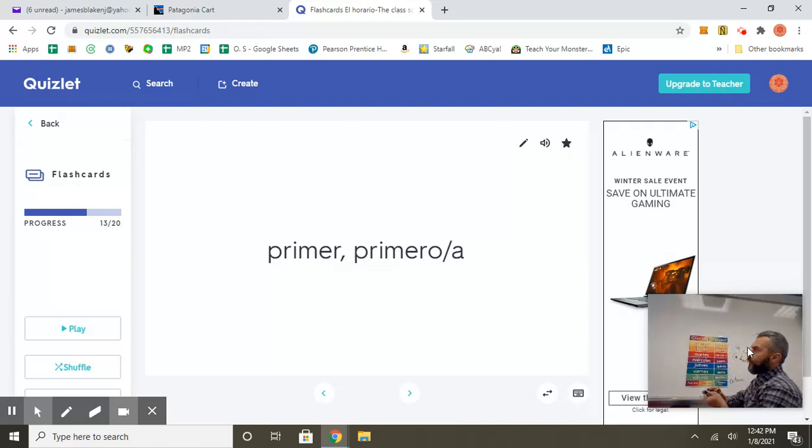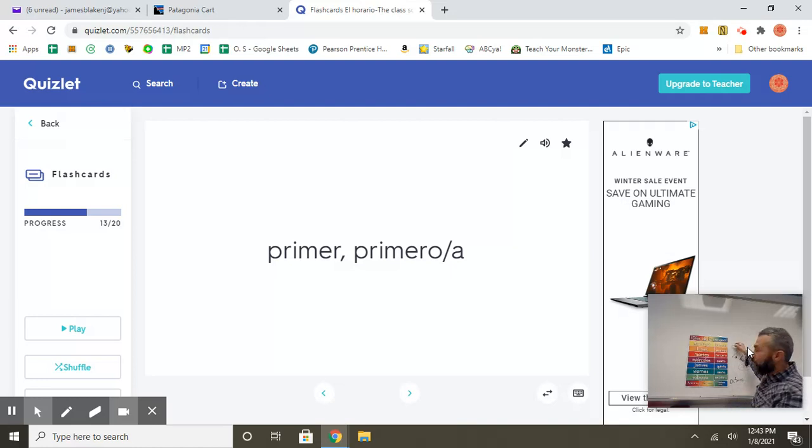our adjective, in this case, the ordinal numbers, primero, segundo, tercero, cuarto, quinto, sexto, séptimo, and octavo, they actually need to agree with la hora, which is feminine. Remember me talking about that in the past?